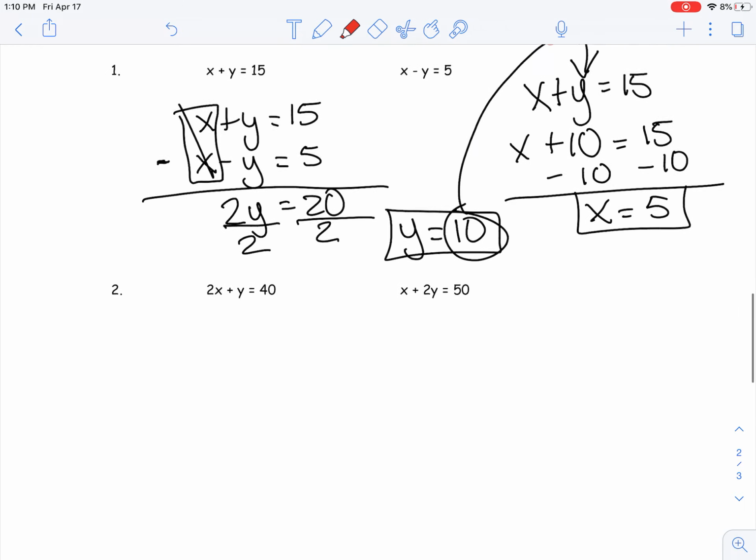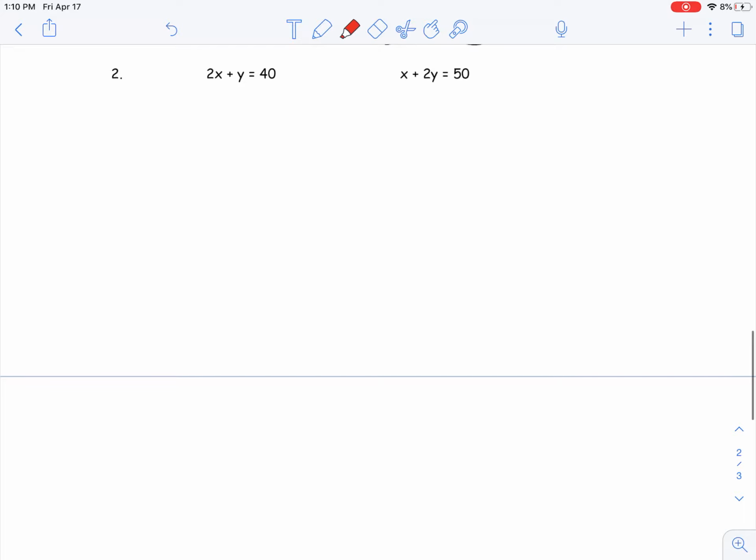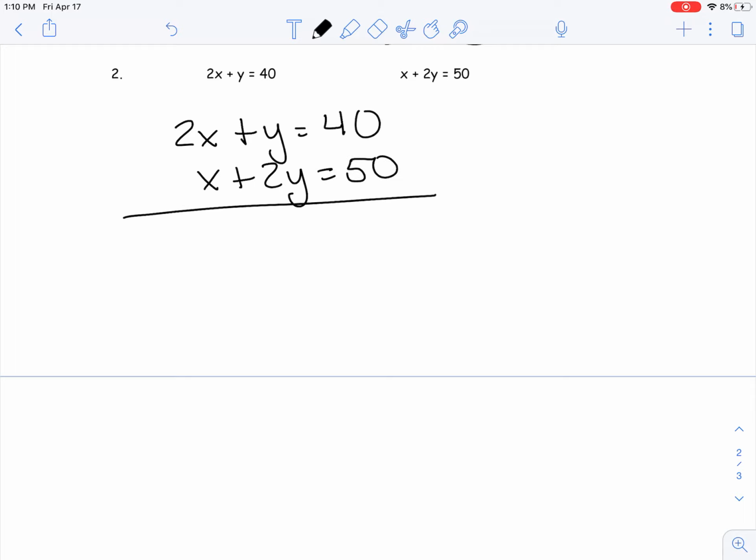All right, we're going to try those 4 steps again. So step 1, write them so that the like terms are lined up. So we have 2x plus y equals 40, and then x plus 2y equals 50. So right now you might notice that neither of our 2 equations have something that will cancel out because there are no opposites here.